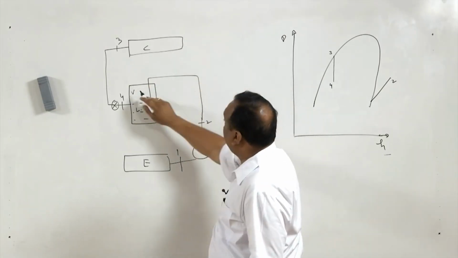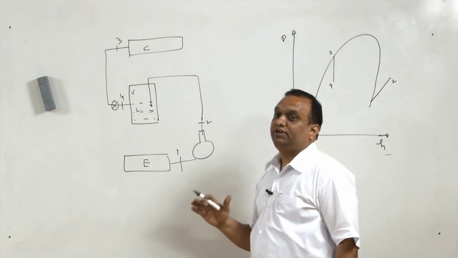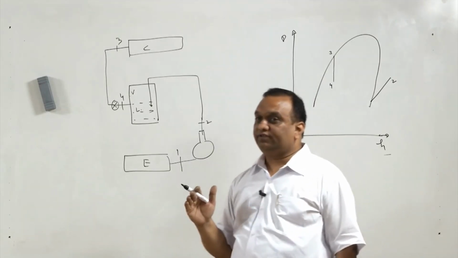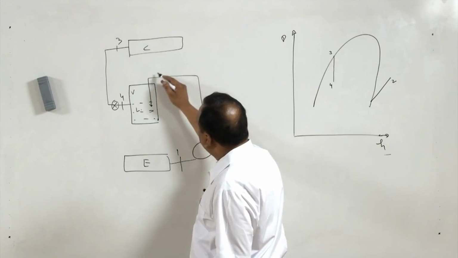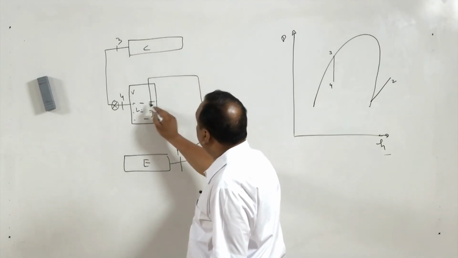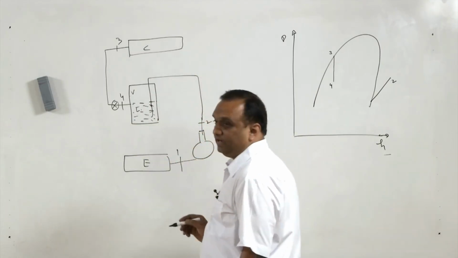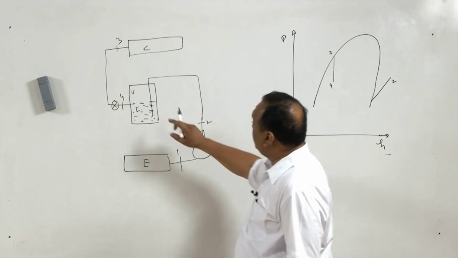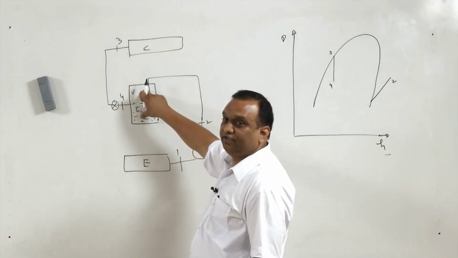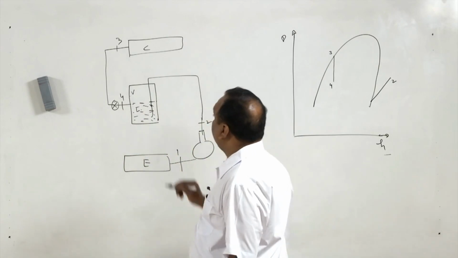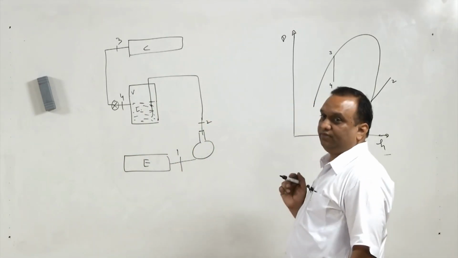In that case, you are getting slightly desuperheated vapor at the entry of the second compressor. But here, the vapors coming from the compressor are bubbled through the liquid refrigerant. So if the fluid in the vessel is in saturation state, any vapor emerging from here will be saturated vapor.